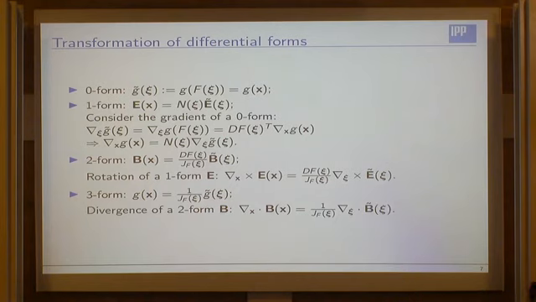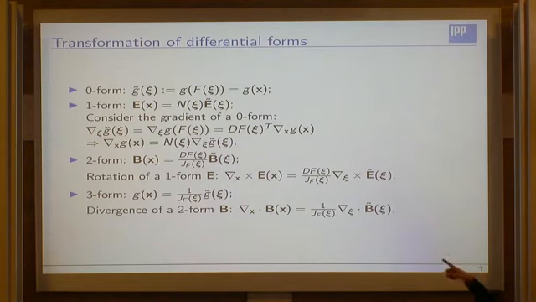But then you have to take care, if you now go to the one form, how do you get from a zero form to a one form? You take the gradient. And when you take the gradient between the physical space and the logical space, then you get the contravariant basis factoring in here.